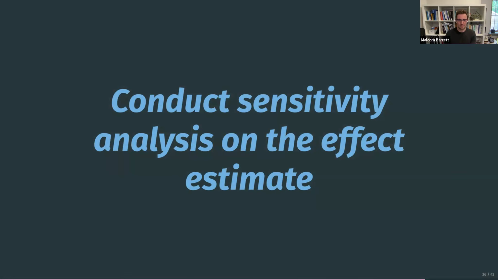One thing I'm pausing on questions for, because I really want to get to it, is one of my favorite things about this roadmap for answering causal questions, which is conducting a sensitivity analysis on the effect estimate. The reason I like this so much is that often when people talk about results from observational data analyses, they say, well, you don't really know if you've controlled for all the variables you need to control for.